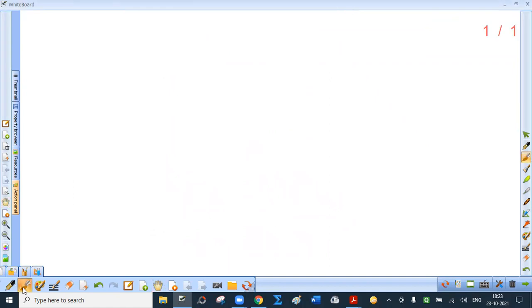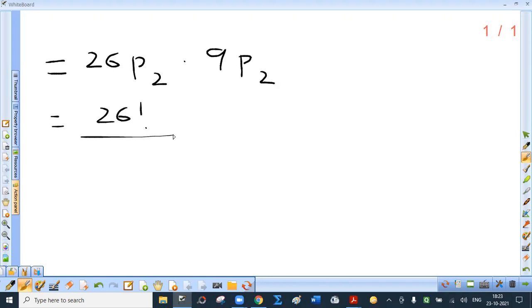Therefore, the total number of code words available equal to 26P2 into 9P2. So 26 factorial upon 24 factorial, 9 factorial upon 7 factorial.